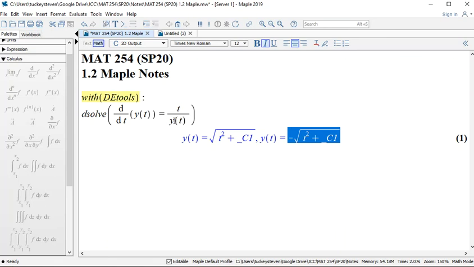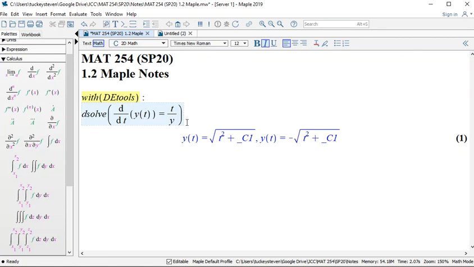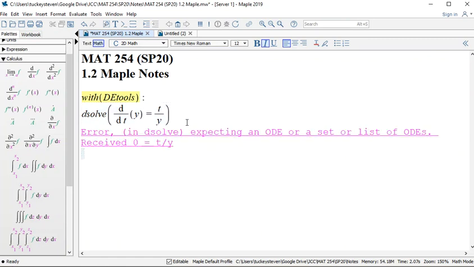Now notice what would happen if I told Maple, instead of taking the derivative with respect to time of y of t, if I just told it to take the derivative with respect to time of y, and I typed it just like it looks on the page. Maple says, whoa, wait a minute, I'm expecting a differential equation, or a list of ordinary differential equations, and I received 0 equals t over y.